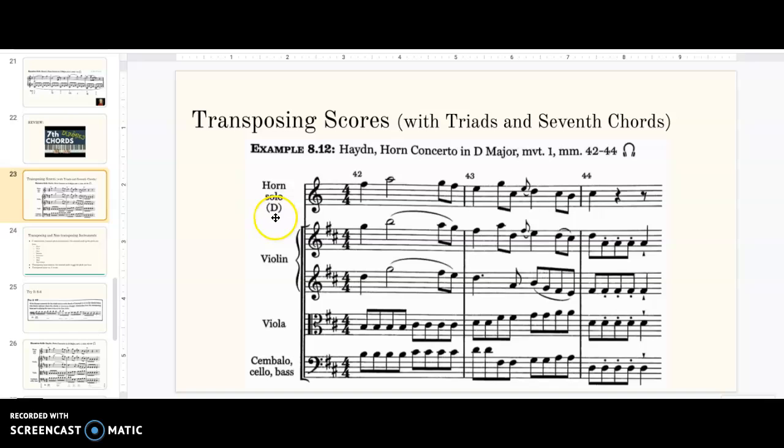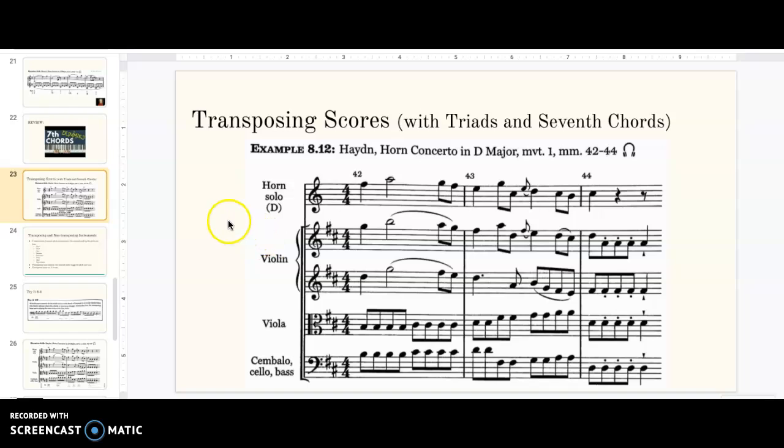So we have horn in the key of D, while violin, viola, and the cello, bass, all those bass instruments are in concert pitch. So the key for the concert pitched instruments is the key of D major. We have two sharps. Therefore, you can see the horn in D has no sharps or flats because the horn is already pitched in that parent key.